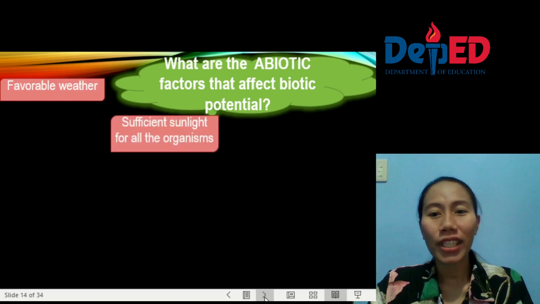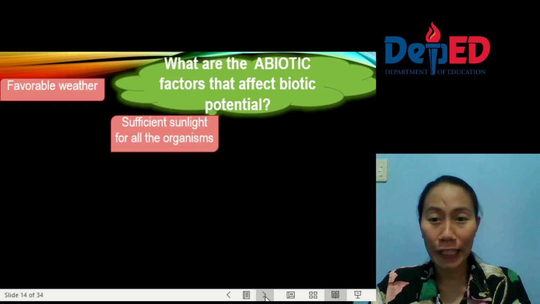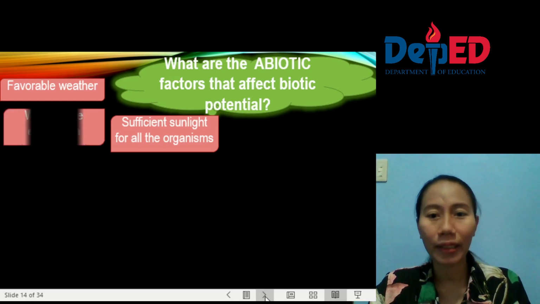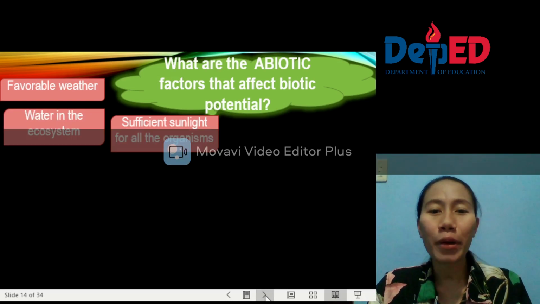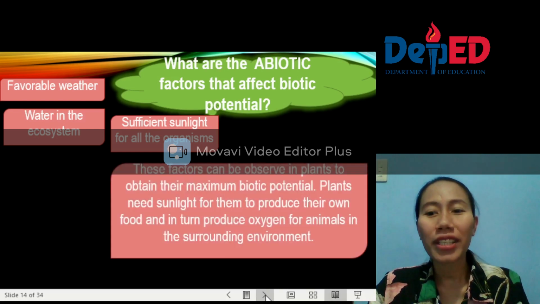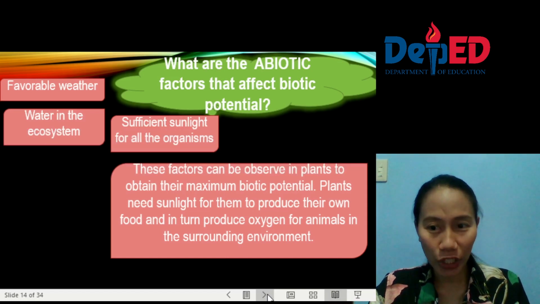Another, sufficient sunlight for all organisms. Again, sufficient sunlight for all organisms. And water in the ecosystem. Remember, water is synonymous with life. Okay. These factors can be observed in plants to obtain their maximum biotic potential.